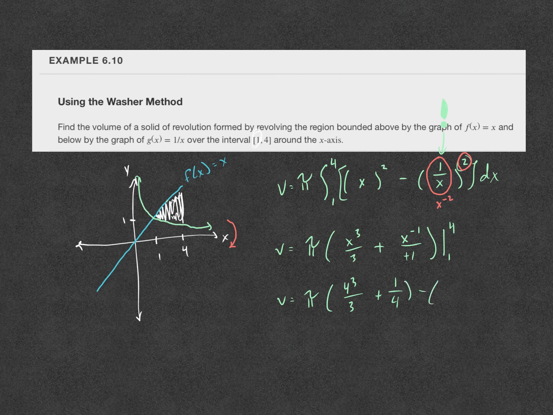And then minus the bottom bound, 1 cubed is 1 over 3 plus 1 over 1 is just going to be 1. Simplify all of that arithmetic, and you find that V equals 81 pi over 4, and that again would be cubic units.